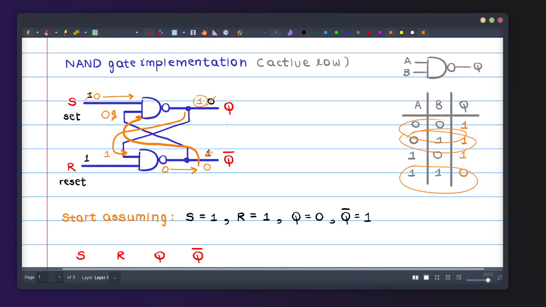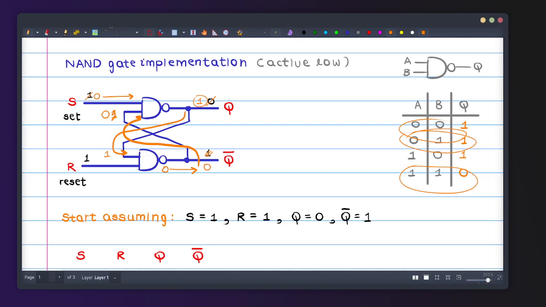They don't change, right? This is what we call the set operation, where the circuit goes through multiple stages of changes to actually realize Q equals 1 and Q complement equals 0. It's not just one change, it's sequences of changes that result in a final stable state.